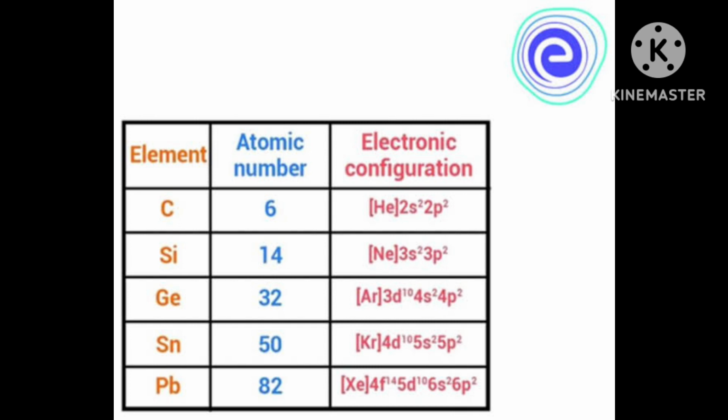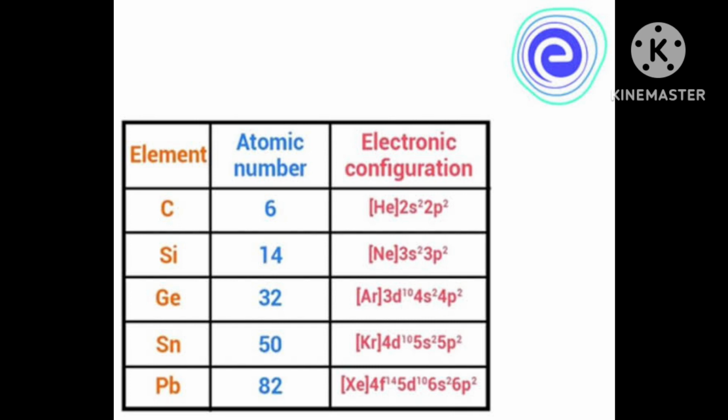Then I am telling about germanium, Ge. The first ionization energy is 761, the second is 1537, the third is 3300, and the fourth is 4409. This is less than silicon, but in each case the first one is least, the second more, the third further more, and the fourth highest.